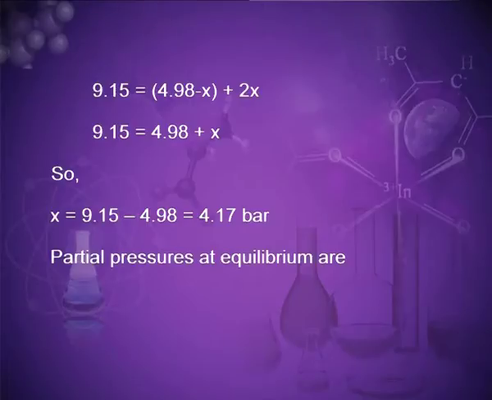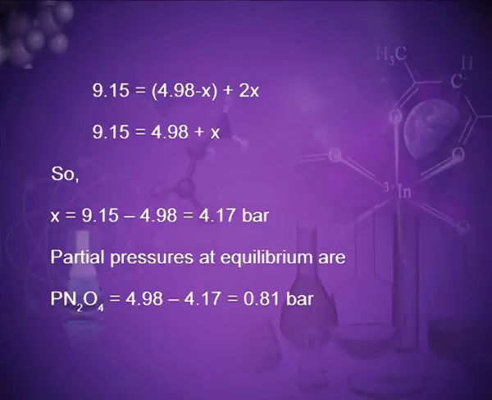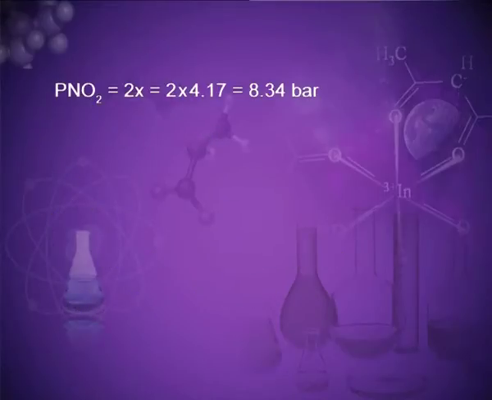The partial pressure at equilibrium of N2O4 is 4.98 minus 4.17, which is 0.81 bar. PNO2 is equal to 2X, that is 2 into 4.17, which is 8.34 bar.